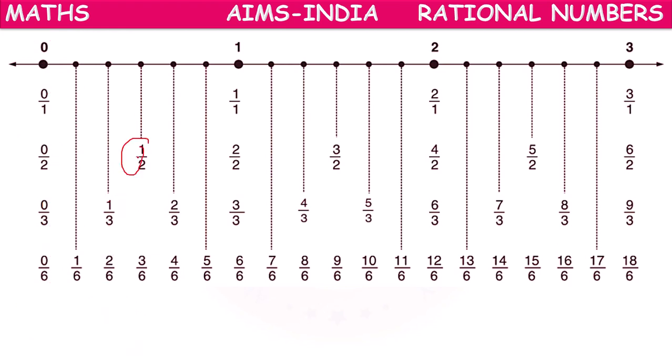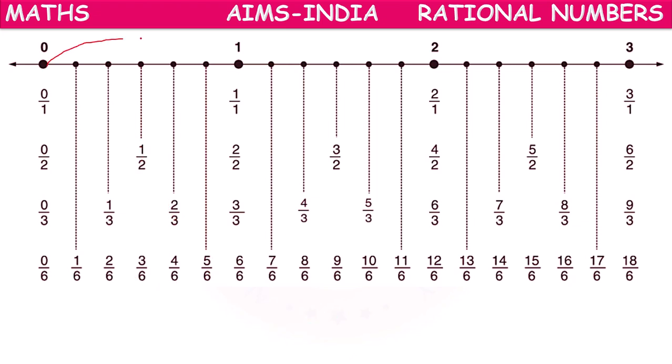In the same way, take half, 3 by 6, 2 by 3, 4 by 6. This is 5 by 6. If you multiply by 2, we can write 10 by 12. If you multiply by 3, we can write 15 by 18. So what does it mean?